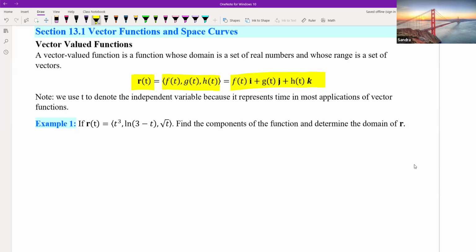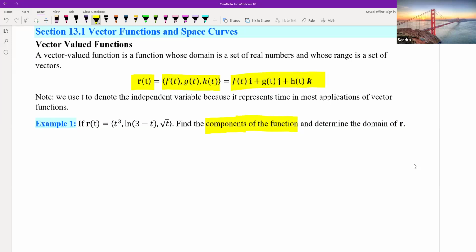If we have the vector function equal to t to the third, ln of 3 minus t, square root of t, can you find the components, only the components of the function? Find the components of the function and determine the domain of the vector function.